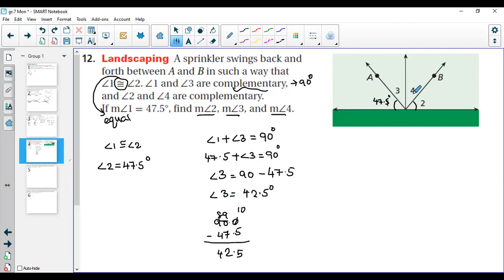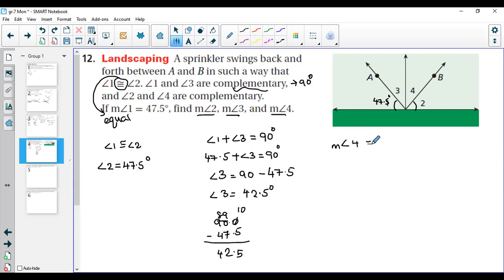Now angle 4. They also said angle 2 and angle 4 are complementary, and angle 1 and 3 are complementary. They did not say anything else. So here we are going to find the measure of angle 4.